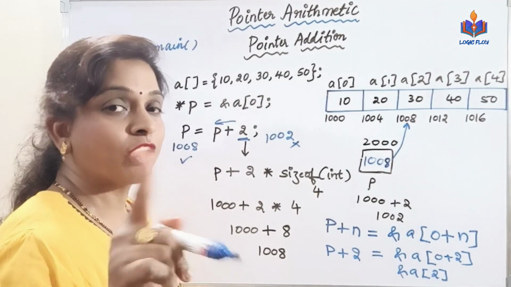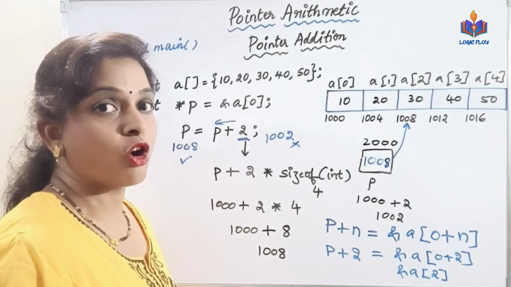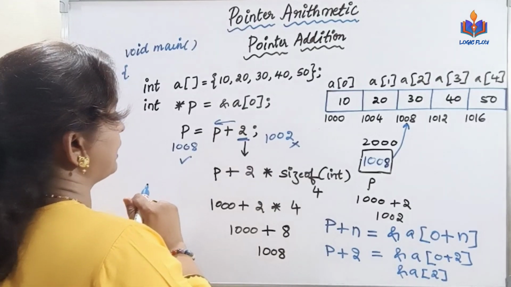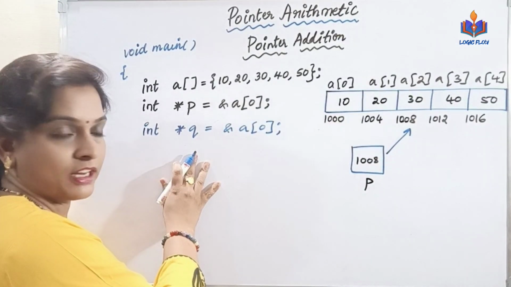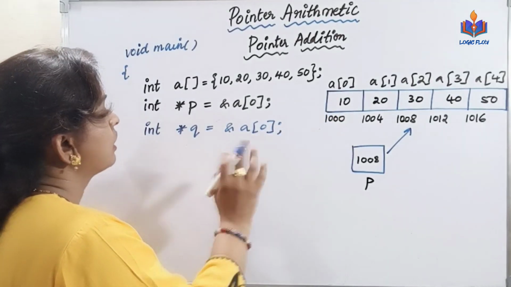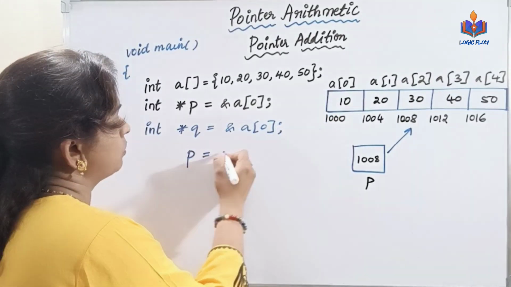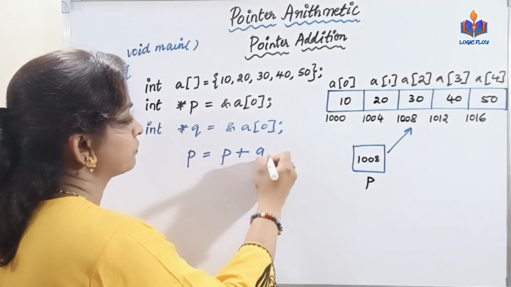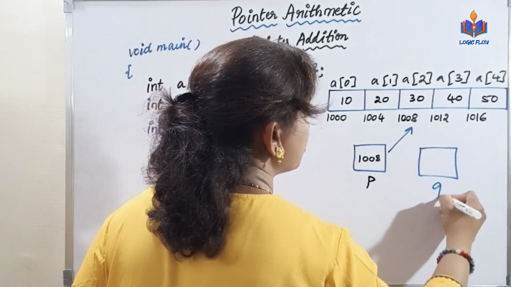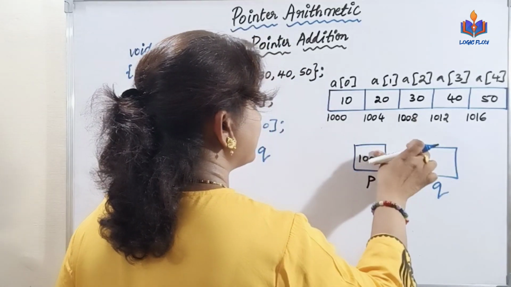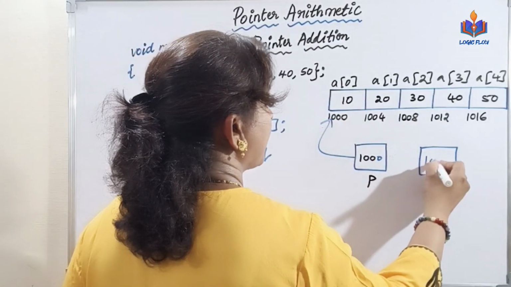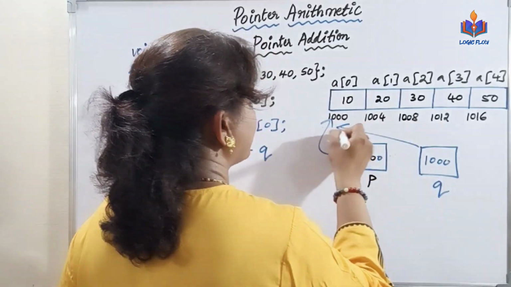But you cannot perform one more thing, the normal addition. For example, I have one more pointer variable. I'll declare one more pointer variable and I'll make this pointer point to the address of A of 0 itself. Now what I'll do, I'll say p equal to p plus q. So you have a pointer variable q, and even q is pointing to the location. P is also pointing to 1000 and q is also pointing to 1000.